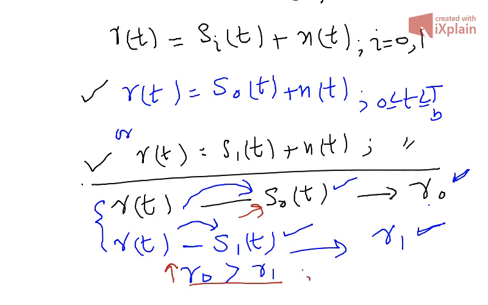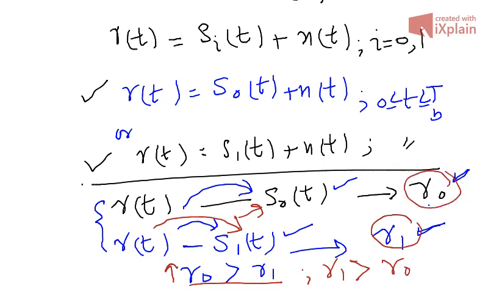However, if R1 is greater than R0, it means that the received signal is more like S1. So based on these values of R0 and R1, our detector takes a decision in favor of S0 or S1. So this is how the detector has to take decision.